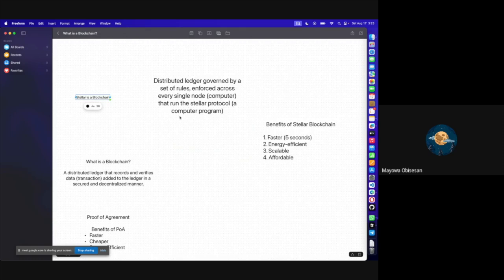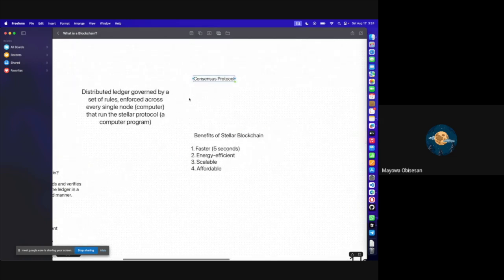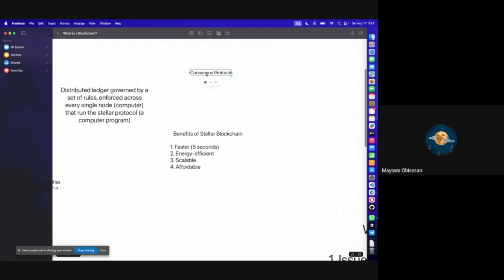The set of rules that govern them is what we refer to as the consensus protocol. In Stellar, it is the Stellar consensus protocol, and the Stellar consensus protocol makes use of the proof of agreement consensus mechanism.